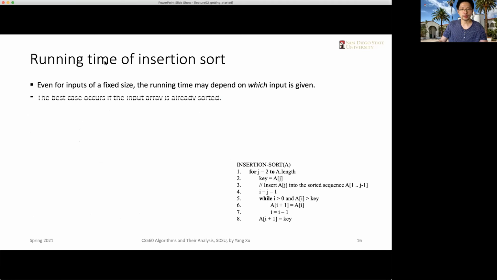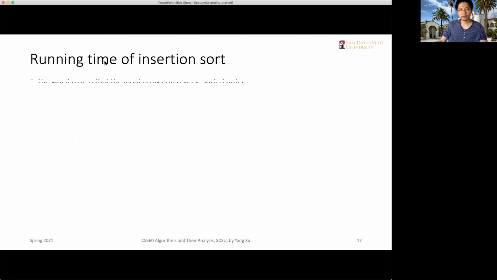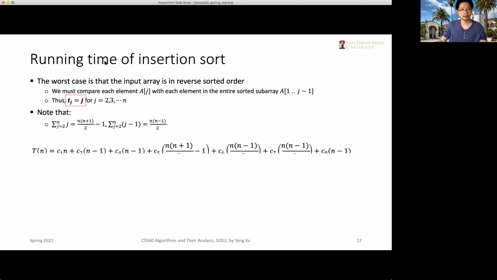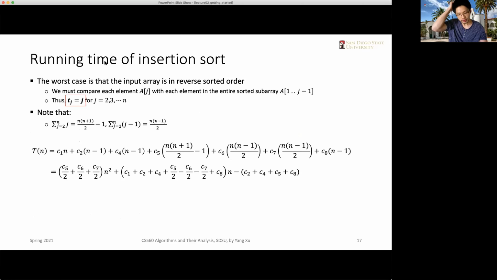Okay, so let me return to the worst case. Technically, we want to know the average case. That is, what are the most common input cases? We all know that neither case is most common, right?